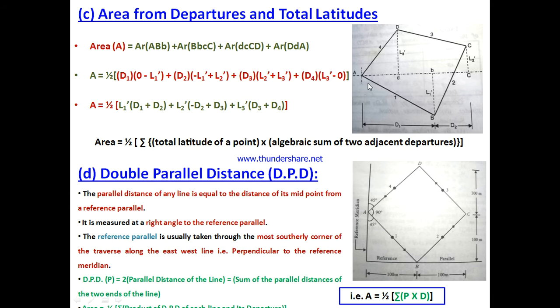Now you can see that this particular area is coming 2 times. We are considering this area 2 times, as it is coming 2 times in the formula.